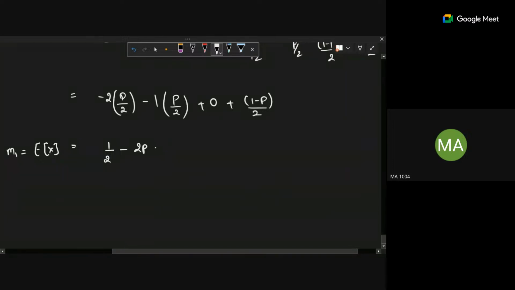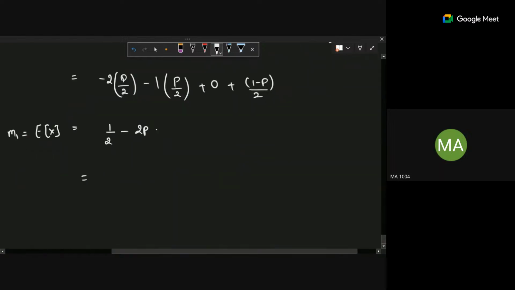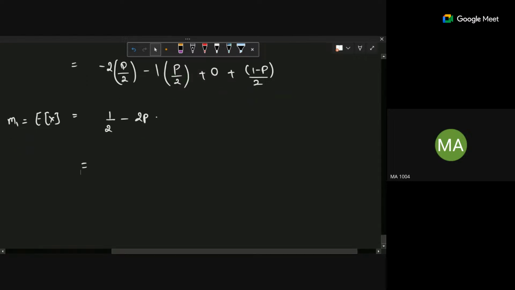But this is the mean, and in method of moments, what we do is we equate this with the sample mean.